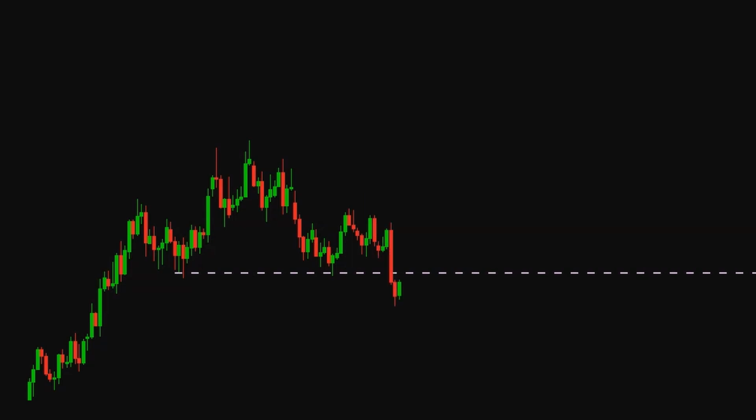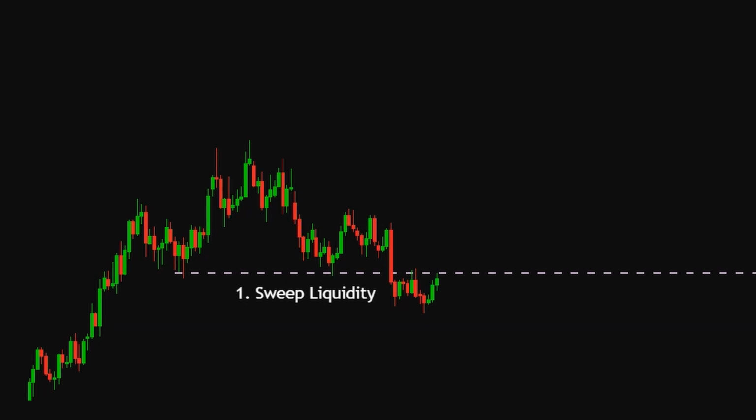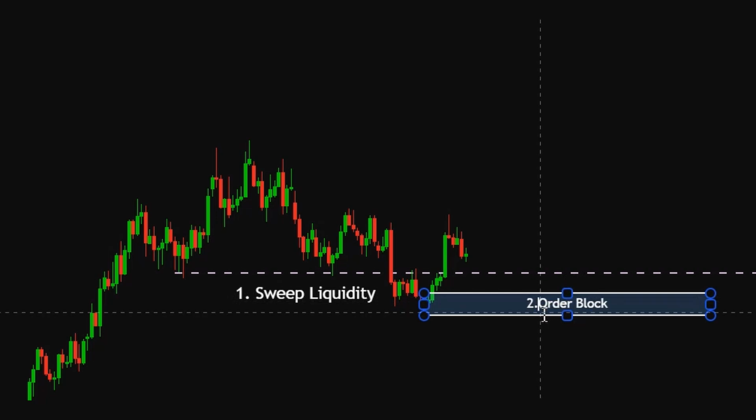So, here's how everything works together. Number 1. Smart money sweeps liquidity, grabs those stop losses and collects their positions. Number 2. They drop their big orders inside the order block, and that's what creates a super strong reversal zone. Number 3.